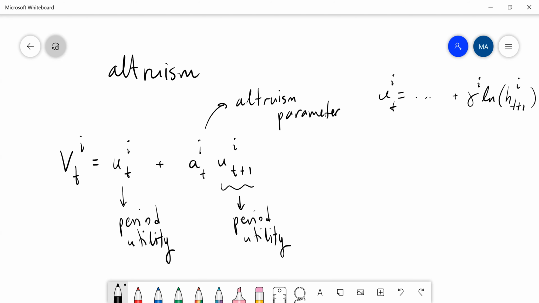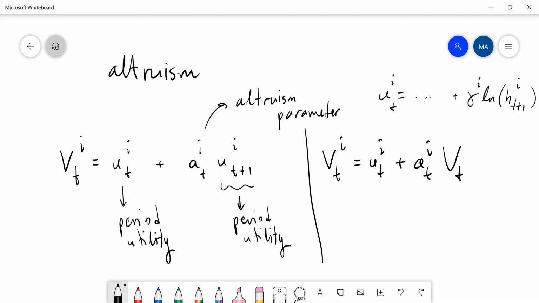Okay, so this is one way of defining it, but usually we define it in this way, right? So my period utility plus the altruism factor times my kid's utility, okay? So this is my welfare, let's say, right? And this is my period utility.